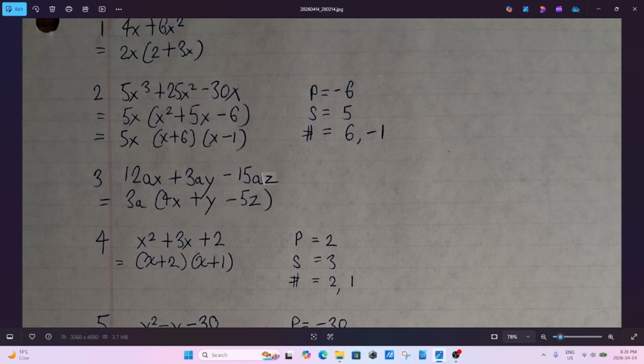And then we see that the product of the trinomial in the bracket is -6 and the sum is 5. So the two numbers that match the product and the sum description are 6 and -1. So it becomes 5x times x plus 6 times x minus 1.